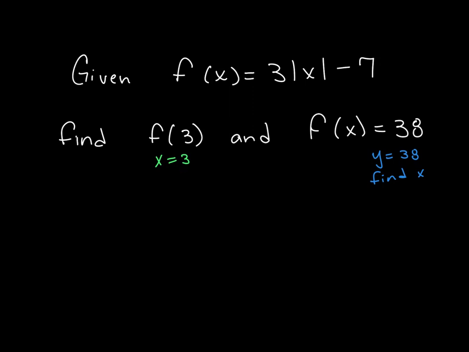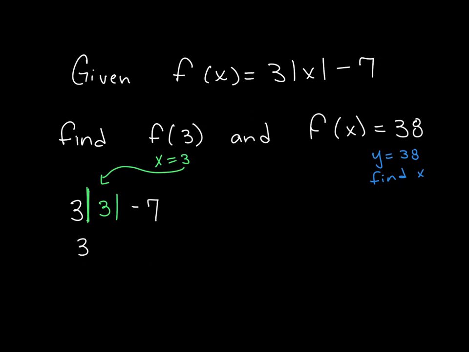So I just take my original function, which was 3 times the absolute value of 3. And again, that's just because I'm saying x is equal to 3, and I'm plugging that in for x. And then I have to go ahead and subtract 7.